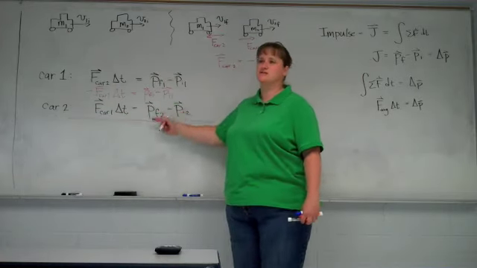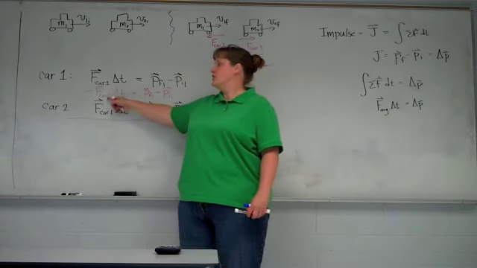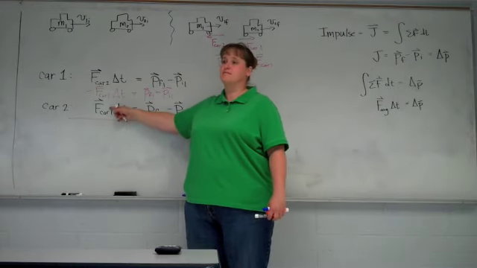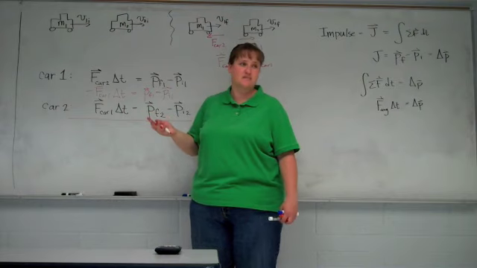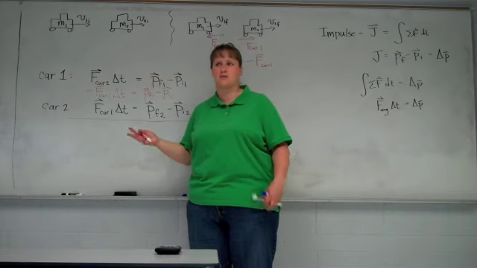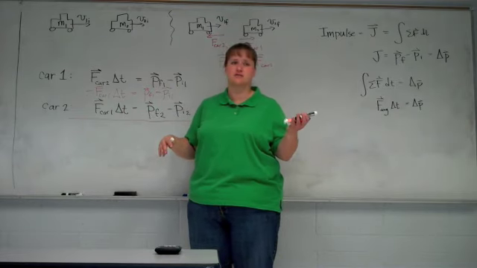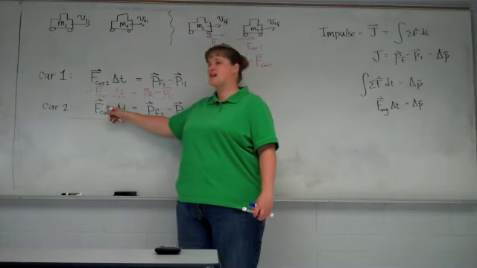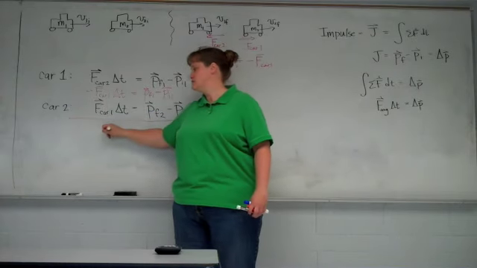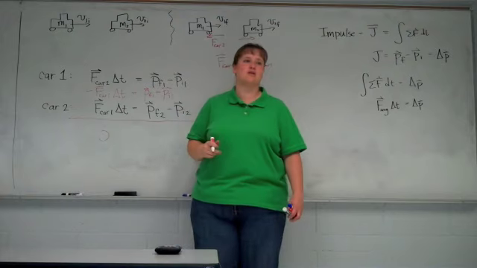Let's add these two equations. Force of car 1 is the same. Delta t is the same. However long the collision occurred for car 1 is how long the collision occurred for car 2. So this side, when I add it together, you get a big fat 0.